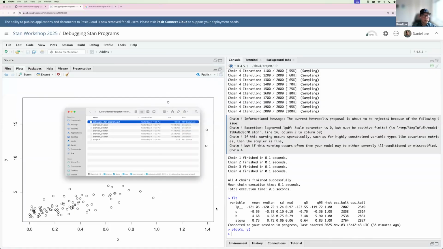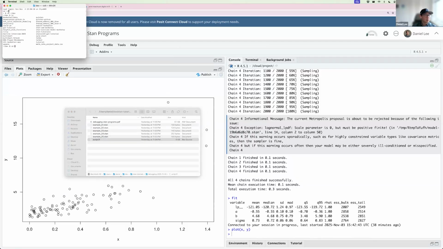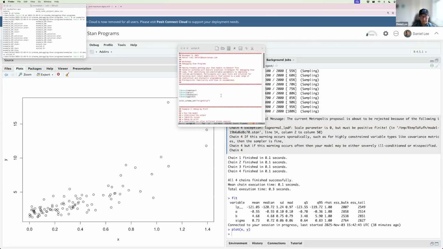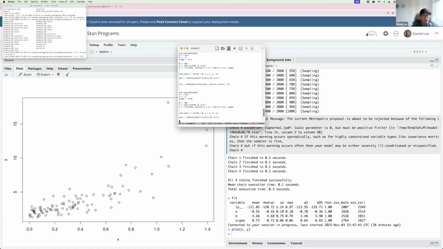Give me a second. Oh, I thought I had more plots here, but I didn't.